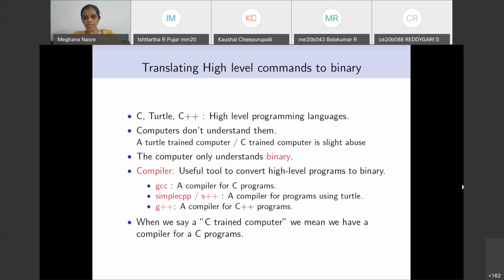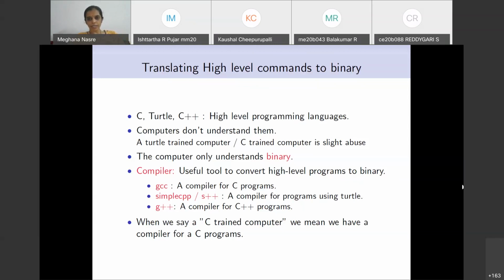Okay, so can the same code be used in GCC and simple CPP? Yeah, so I think simple CPP will support a printf statement, so you should be able to use that. But this stdio.h will not be allowed in the simple CPP.